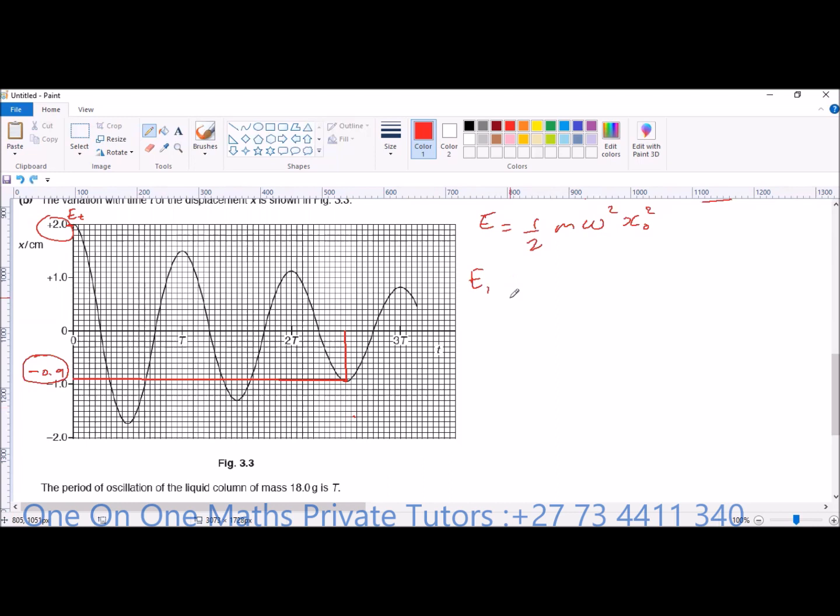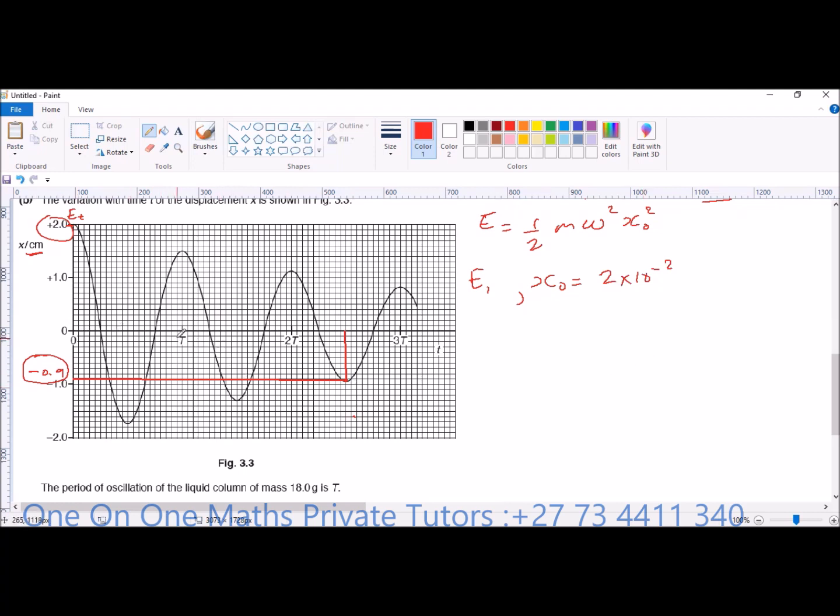For E1, what do we have? X naught is equal to 2. Look, we are using centimeters. We have to convert this to meters. So we divide by 100 or multiply by 10 to the minus 2.